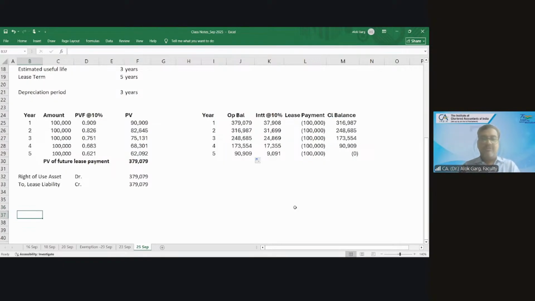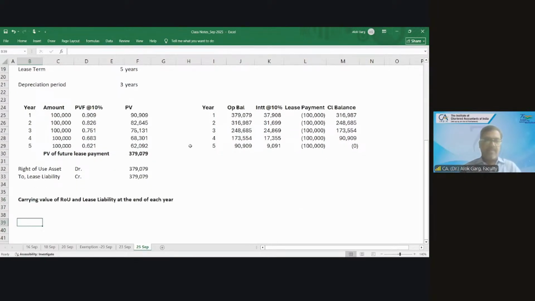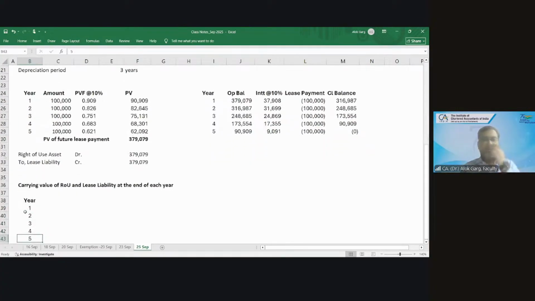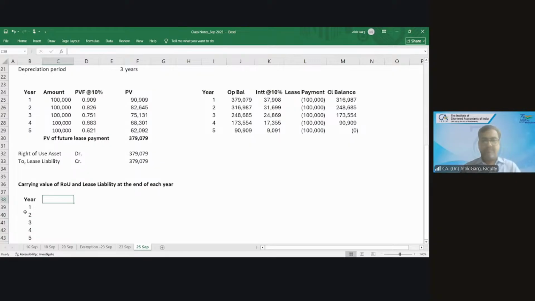So the carrying value of ROU and lease liability at the end of each year.